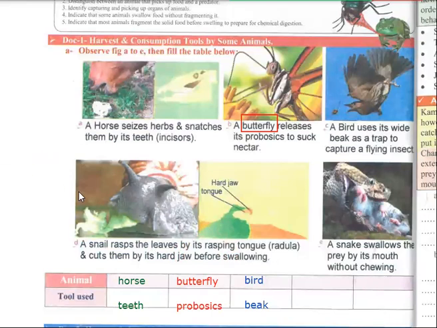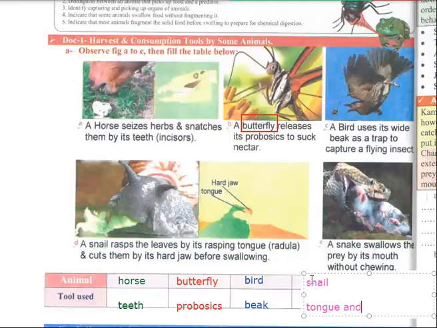So what's the animal in here? It's the snail. The snail has two different tools, one to rasp the leaves and the other one to chew and swallow them. Snail, and I will put tongue and jaw.